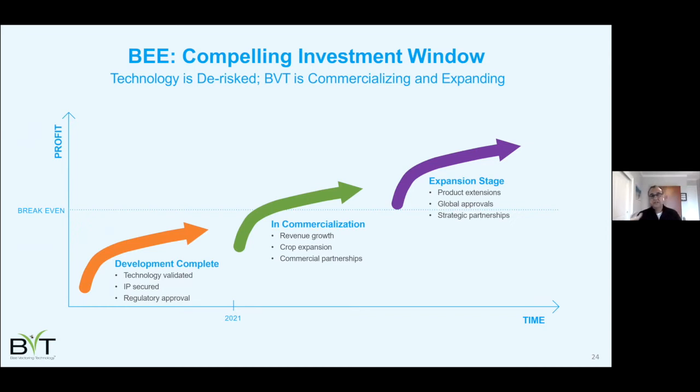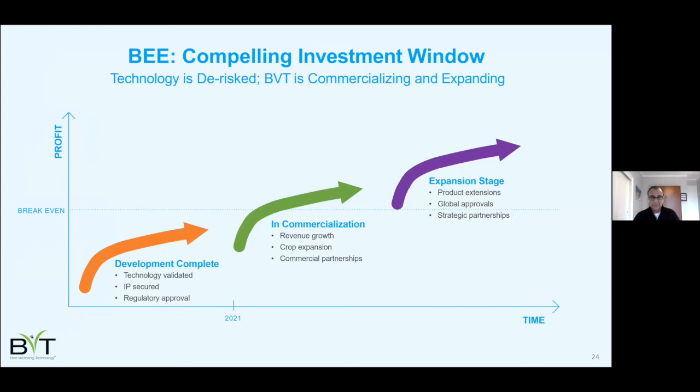So where does this put us overall in our journey to build a great company? We could say now quite categorically that we have closed the chapter on the early development stage, right? The first stage in our evolution, where we validated the technology, secured the IP, the regulatory approval, is now behind us. As we go into 2021, we are in that commercialization phase where we're talking about revenue growth, crop expansion, some commercial partnerships.